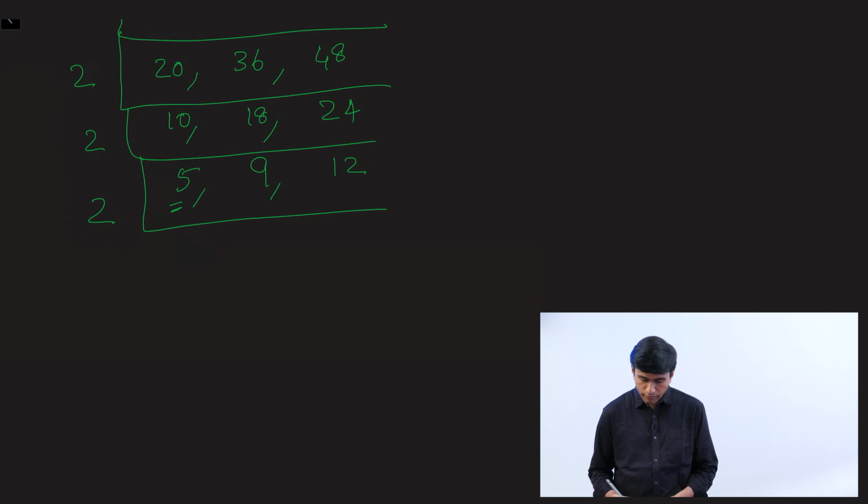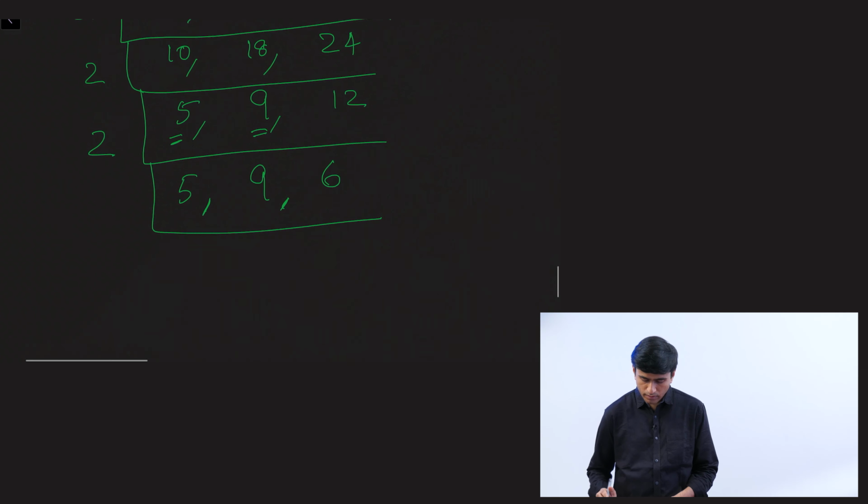Here you see 5 is not divisible by 2, so you need to bring 5 down as it is. The same with 9. If a number is not divisible by 2, you just have to bring it down. 12 is divisible by 2, so we write it as 6. 2 6s are 12. Again we bring 5 down as it is because it is not divisible by 2. Same with 9. 2 3s are 6.